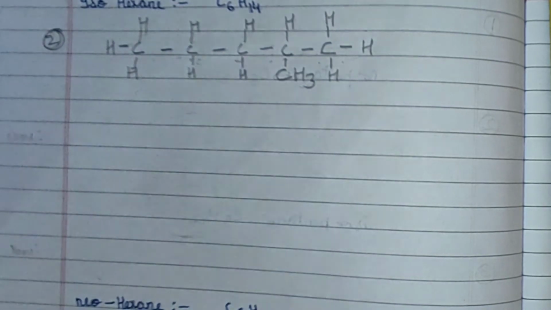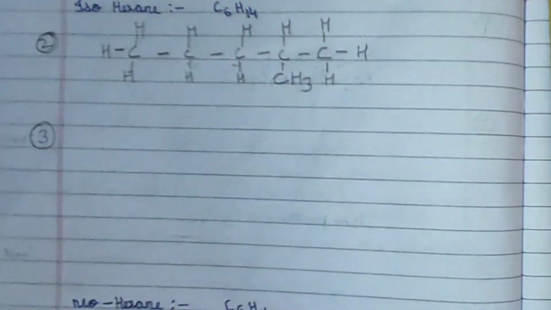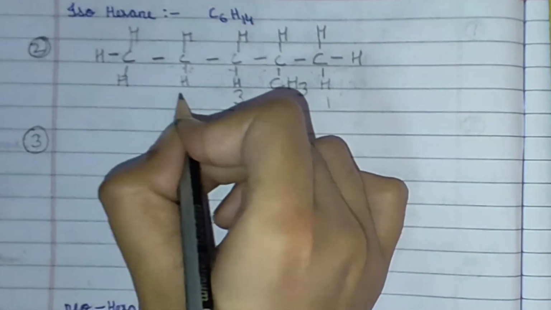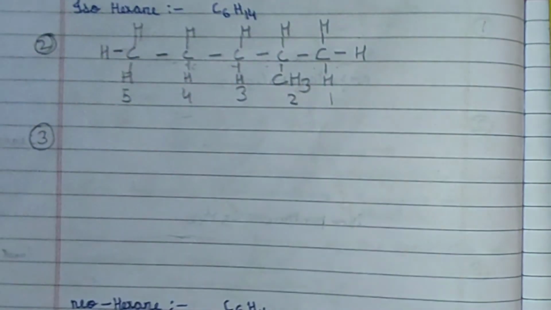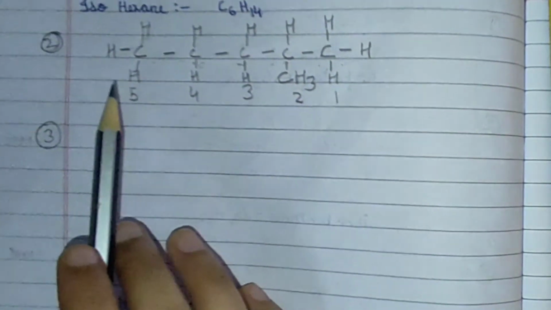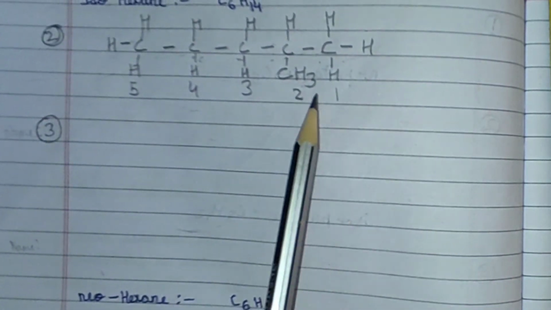Now we have to do the numbering. Numbering meaning 1, 2, 3, 4, 5. This is the numbering. Now I could even do the numbering from this side also, but why did I do it from this side?